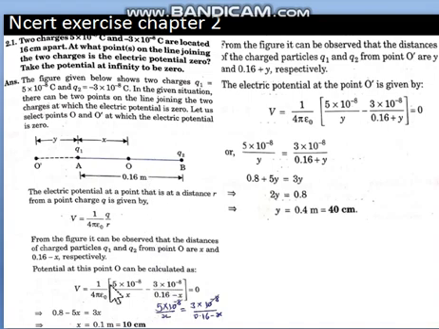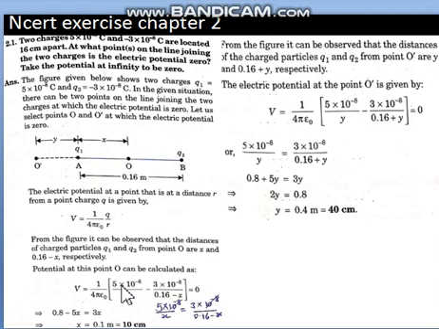Here k means 1 upon 4 pi epsilon 0, and this q is negative, so minus 3 into 10 raised to power minus 8 upon the remaining distance, 0.16 minus x. Now this is the total voltage obtained at point O, but in the question it is written that the total voltage should be 0 at that point. So we have to equate the total voltage to 0.